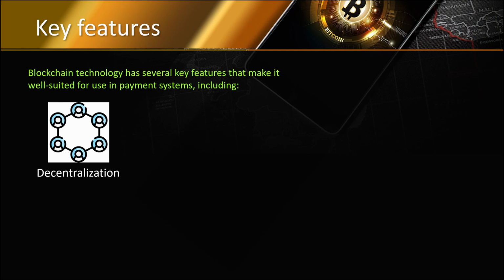This makes the system more secure and resistant to censorship or tampering. Next is immutability. Blockchain technology uses advanced cryptographic techniques to ensure that once a block is added to the chain, it cannot be altered or deleted. This ensures that all transactions are recorded in a tamper-proof and immutable way.